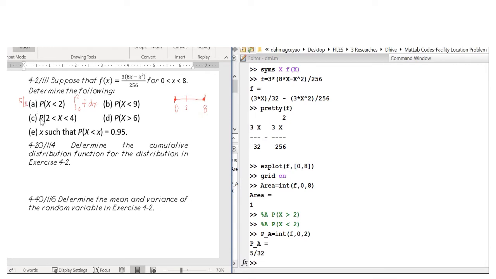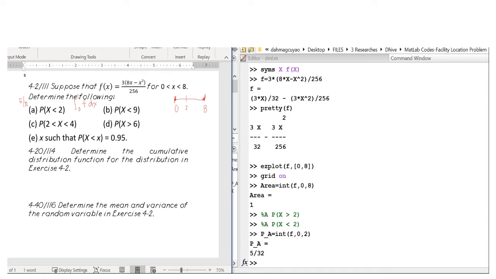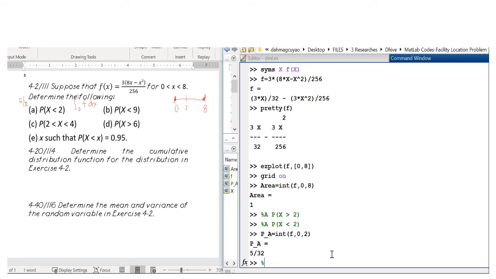For letter B, the probability of x less than 9 is the probability of the sample space. Less than 9, all the values from 0 to 8 is the sample space.